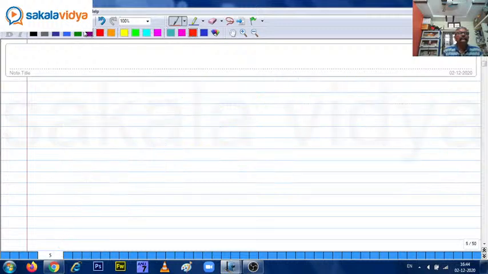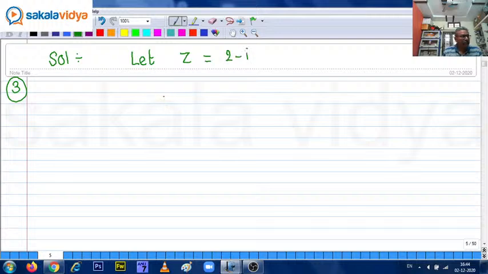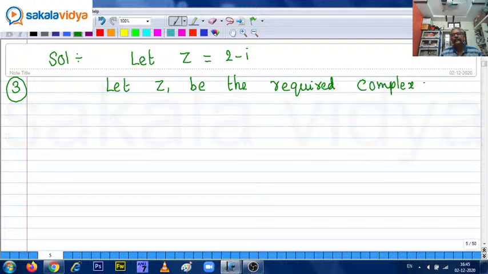So now the third solution. Let the given complex number z be equal to 2 minus i. Even if rotation takes place, the modulus will not change. Let z1 be the required complex number or point in the complex plane.